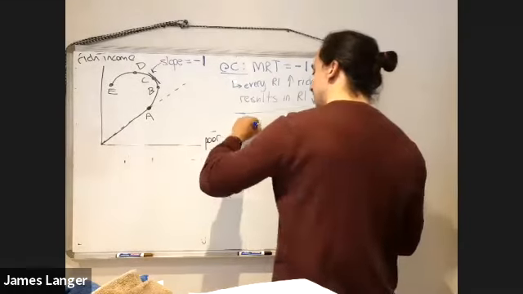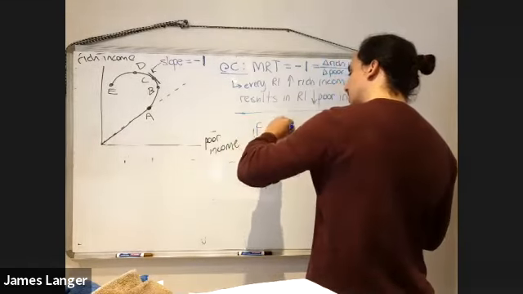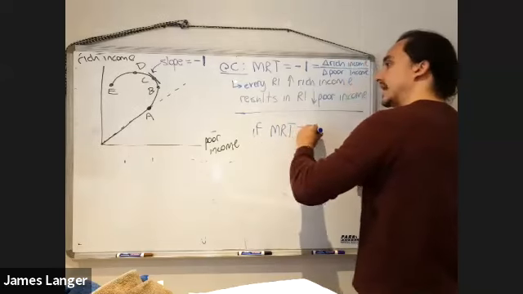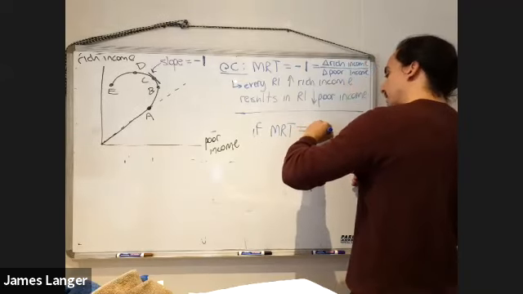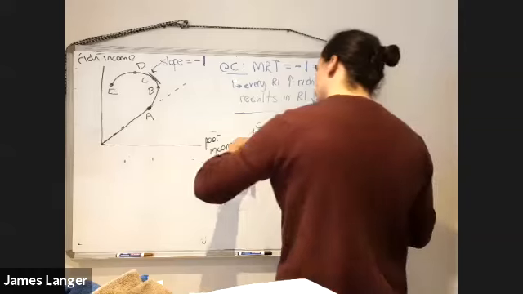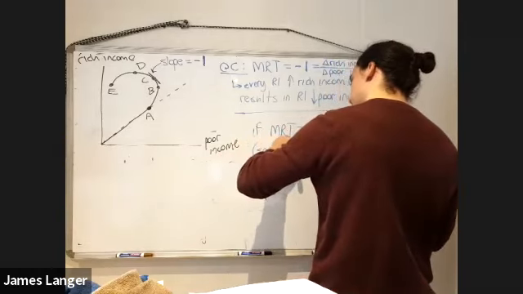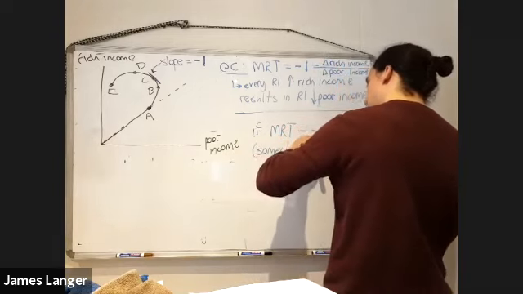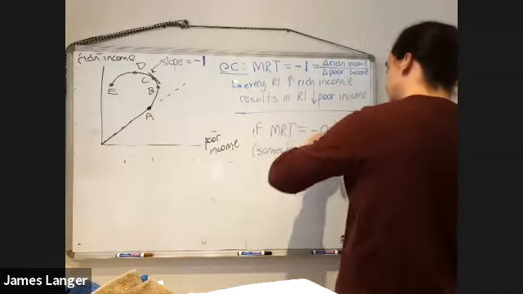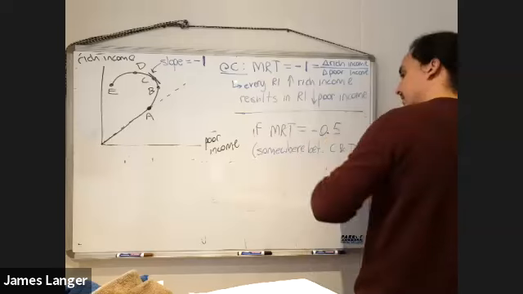So if, let's say, for example, the MRT was equal to negative 0.5, and that would be somewhere between C and D, okay?